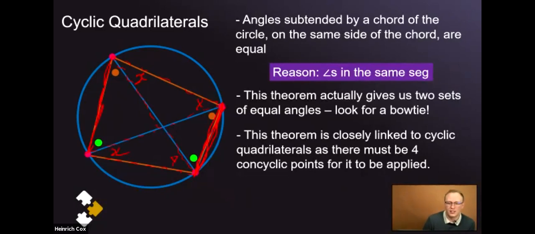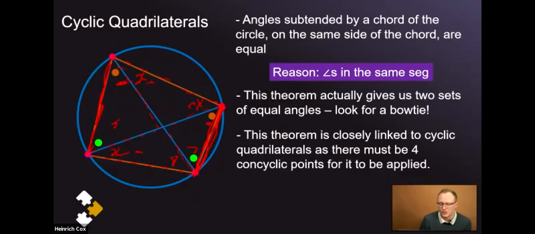So if you have a cyclic quadrilateral and the diagonals are joined like this, you actually get 1, 2, 3, 4, 5, 6, 7, 8 angles, and thus 4 pairs of equal angles, right? So don't get bow tie blindness. Don't look at just the one bow tie, right? If you've got the cyclic quadrilateral with the diagonals inside it, then you actually have 2 bow ties.